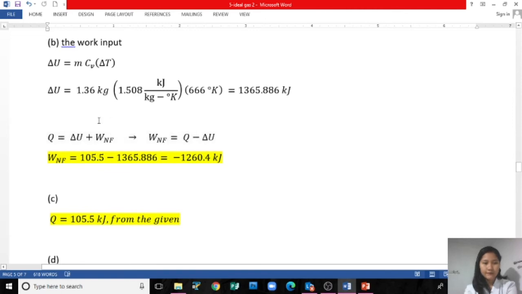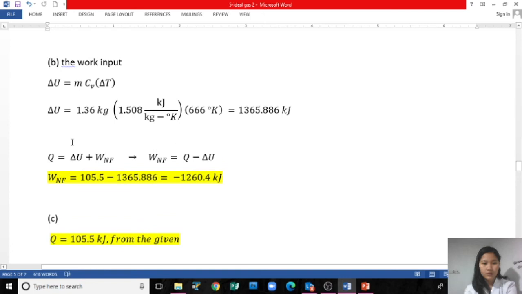Now, in order to find the work or the non-flow work of the problem, the formula is Q is equal to delta U plus the work. So we're going to transform this formula in order to find work.